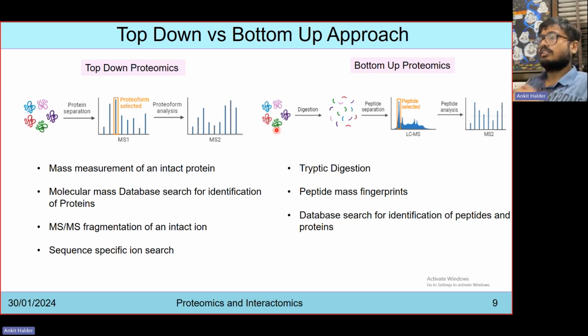So this is the bottom up proteomics approach that we generally use, which is revolutionizing the field in identifying a large number of proteins, whereas top down proteomics is again advancing currently, and is the place where one can explore and get it rolling as well.